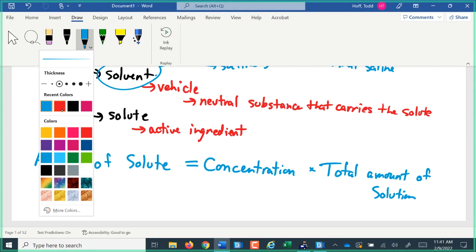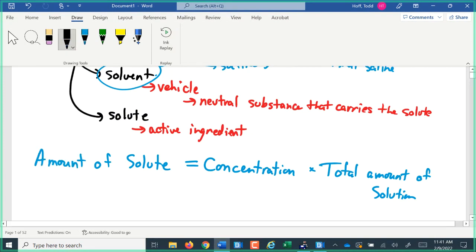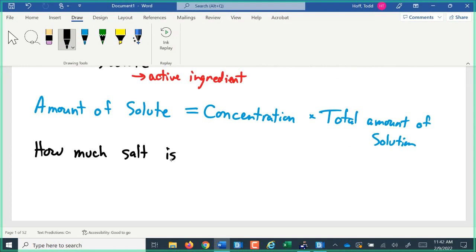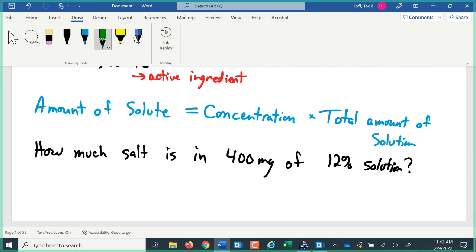So what does this mean? Well, for an example here, let's say we ask how much salt is in 400 milligrams of 12% solution. Obviously, some sort of saltwater solution. So the amount of salt is going to be the concentration.